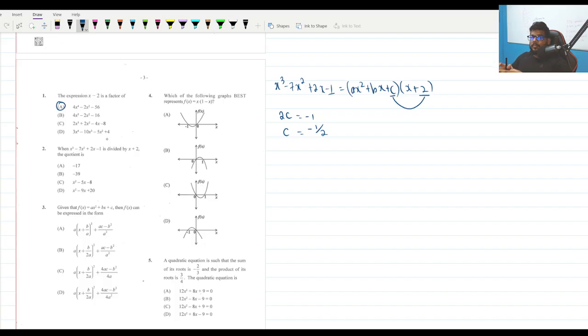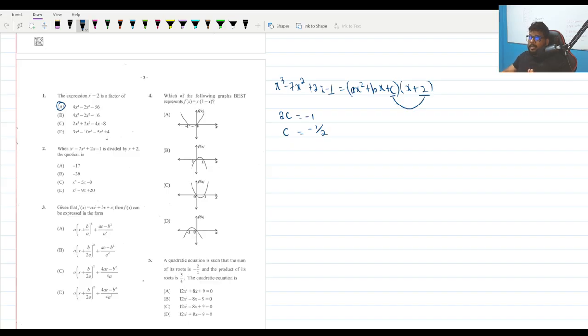But they didn't ask me for a remainder. They asked me for a quotient. And the quotient is supposed to have 2c is equal to minus 1 here. Ax cubed, a is supposed to be 1. Neither of these quadratics, when multiplied by this, is going to give me the polynomial. So I'm going to try and see.